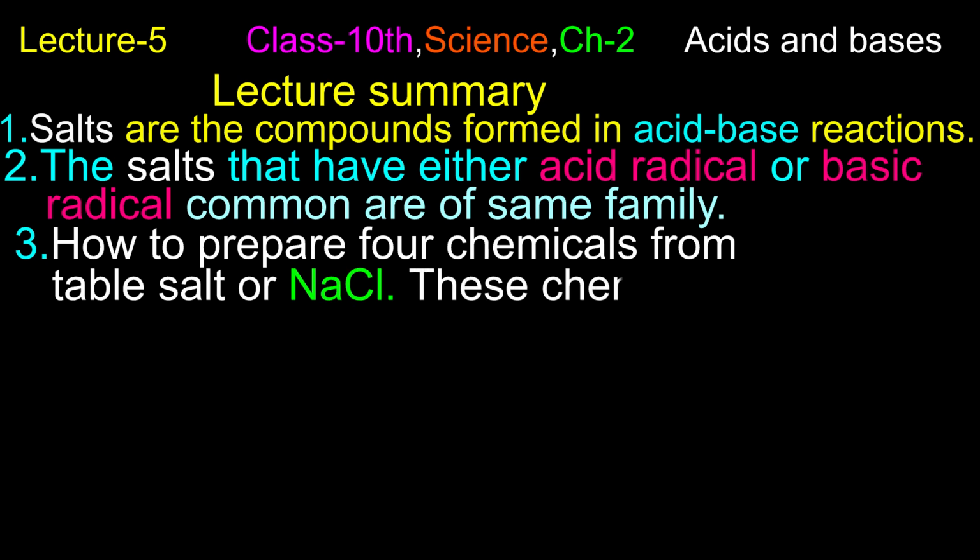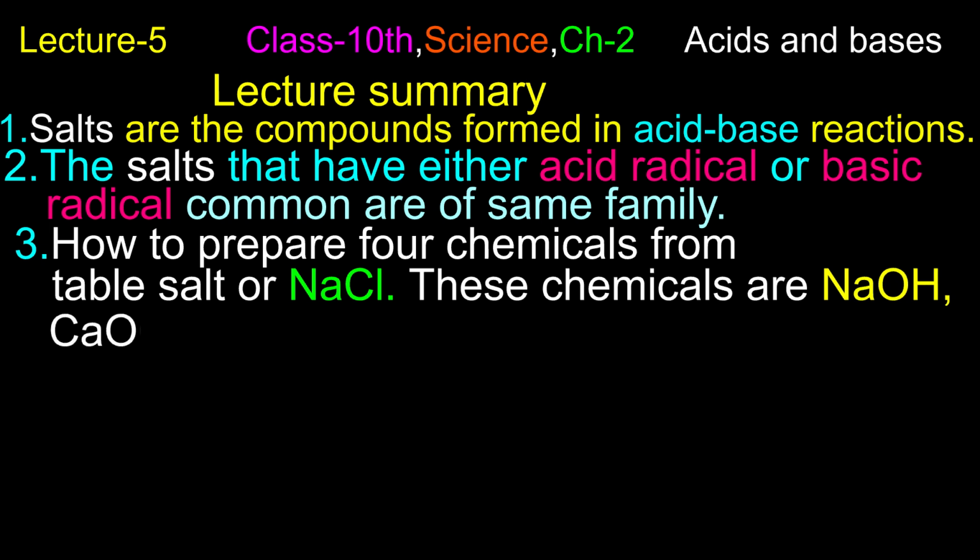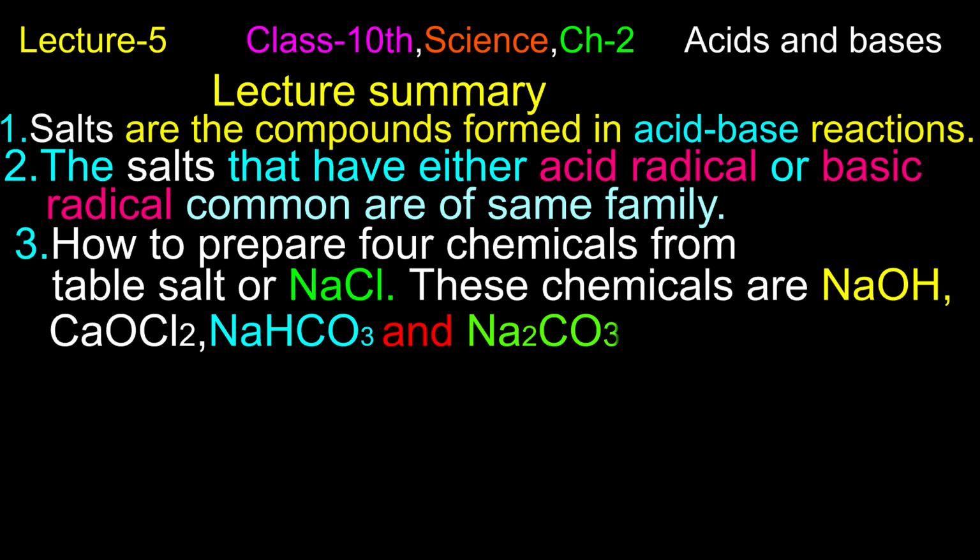These chemicals are NaOH or sodium hydroxide, CaOCl2 or bleaching powder, NaHCO3 or sodium hydrogen carbonate, and number 4, Na2CO3.10H2O or washing soda. We also learned uses of these compounds.